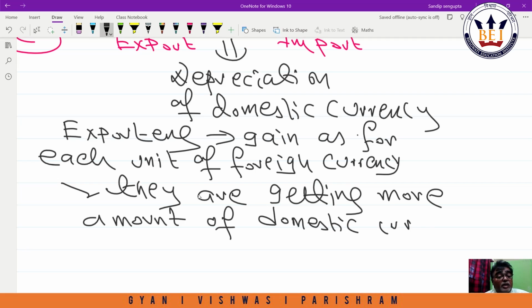Exporters gain. What about the importer?